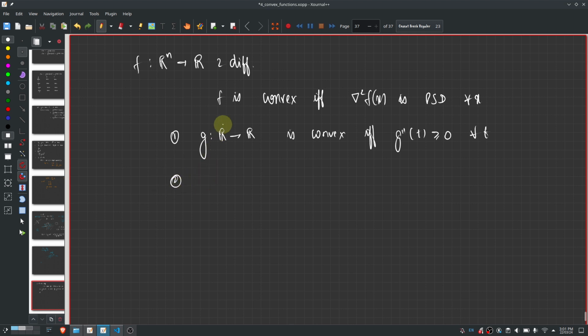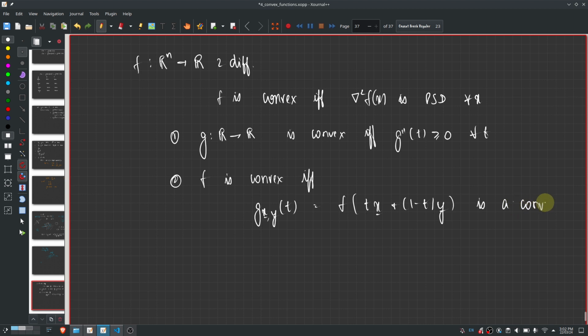We know that f is convex if and only if g_{x,y}(t), which is defined as f(tx + (1 - t)y), is a convex function of t for all x, y.